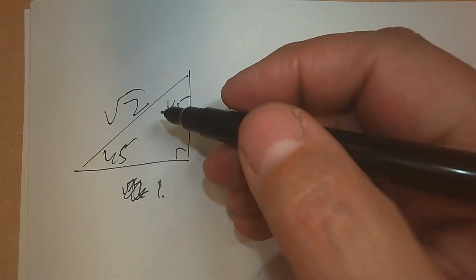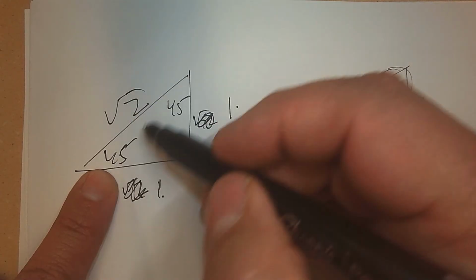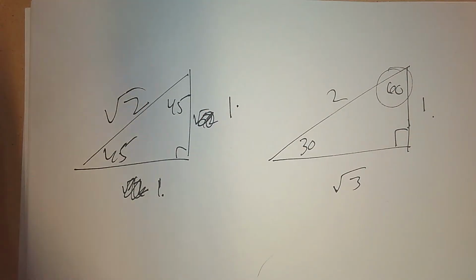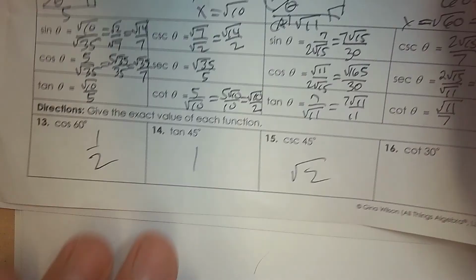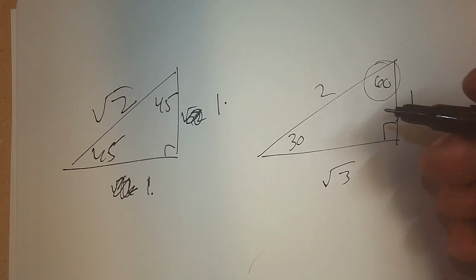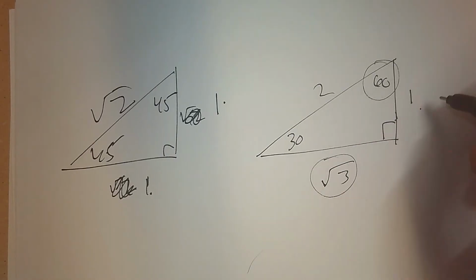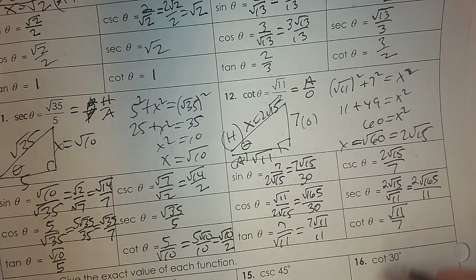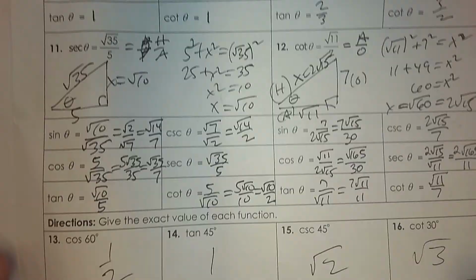So cosecant is hypotenuse over opposite. So it's root 2 over 1, which is just root 2. And then cotangent 30. Cotangent is adjacent over opposite, so it's root 3 over 1, or just root 3. All right, good job doing your homework.